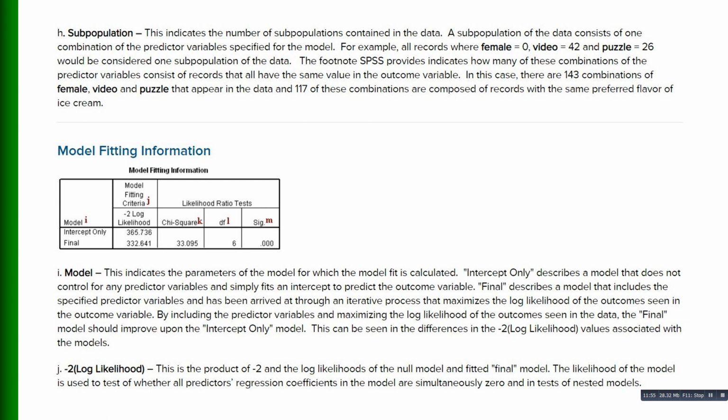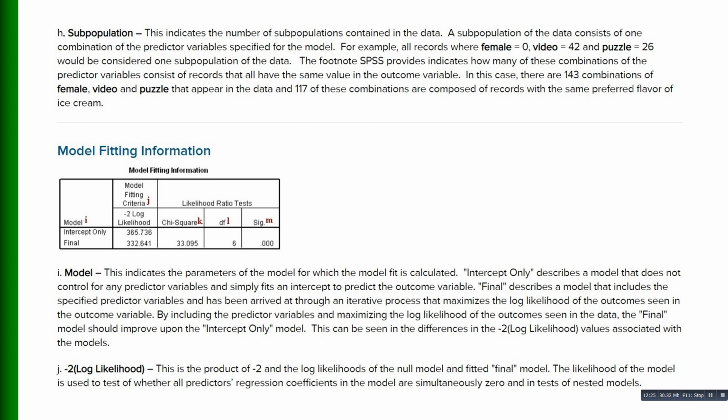Below, there is model fitting information, and here it indicates the parameters of the model for which the model fit is calculated. One is intercept only, and one is final model. So intercept only describes a model that does not control for any predictor variables, and it simply fits an intercept to predict the outcome variable.